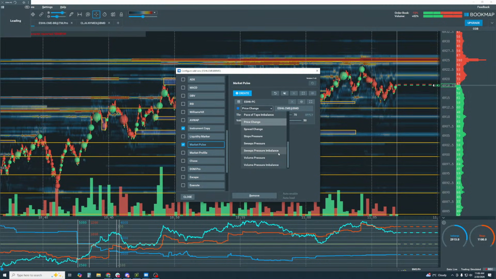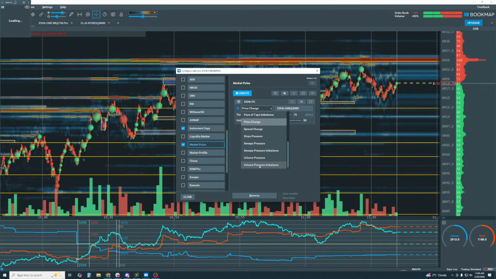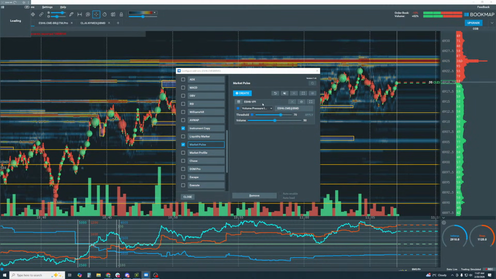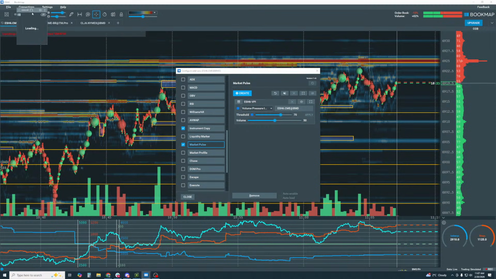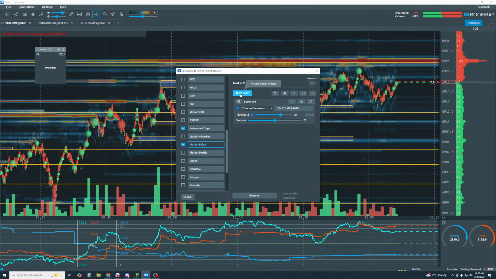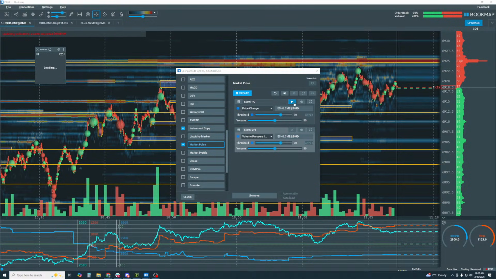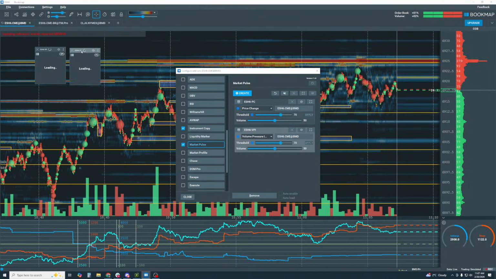And the one I like is the volume pressure imbalance, right? Okay, volume pressure imbalance, we got that one up. And then I need to create a new one that shows up here. Here's price change, and let's select that one too.